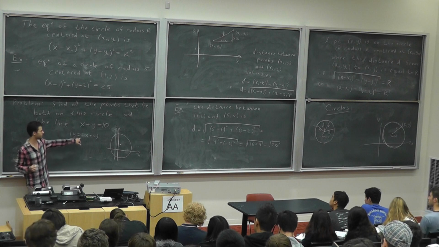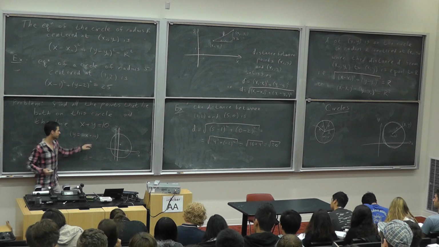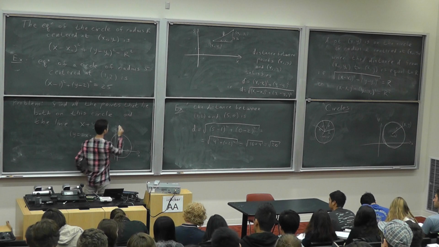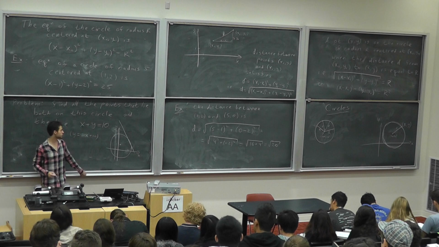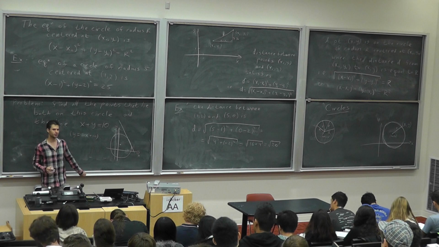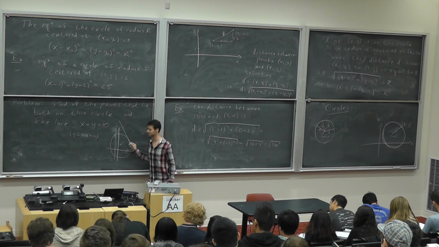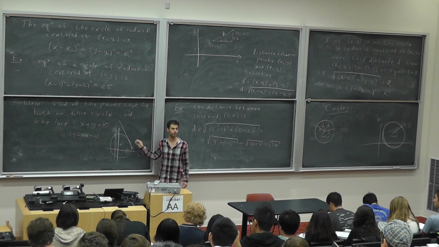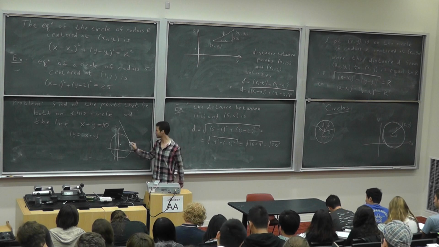If I want to sketch it, well, it has slope minus 1, y-intercept of 10, so it goes somewhere like this. And the question is, first question, does it intersect the circle? If it does, does it intersect it at 1 point, at 2 points, 3 points, 5 points?